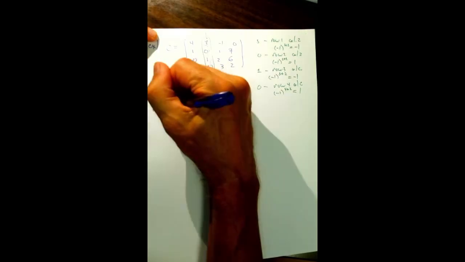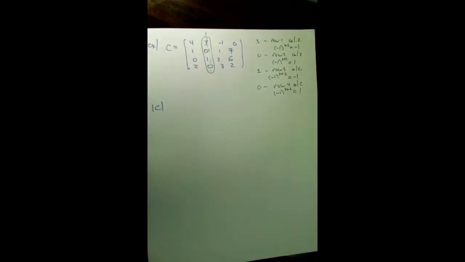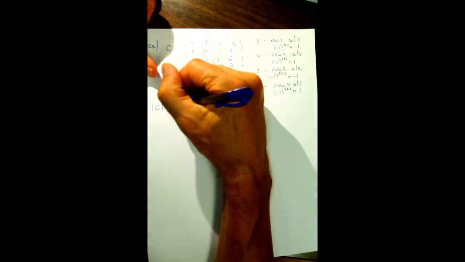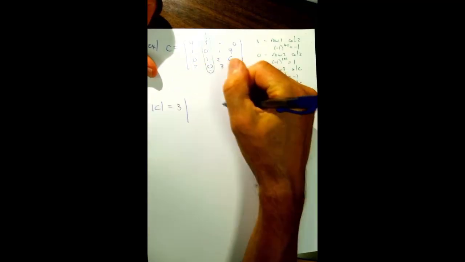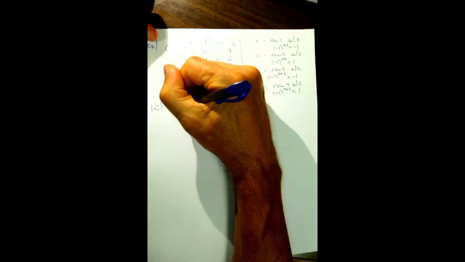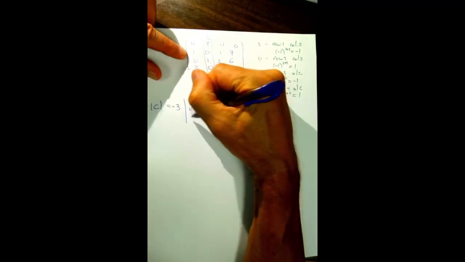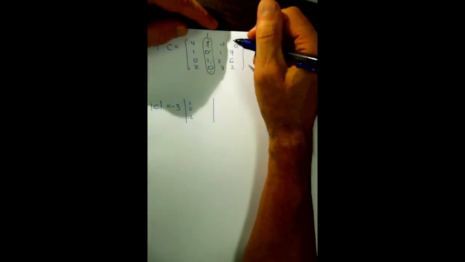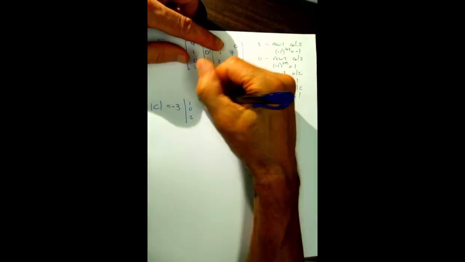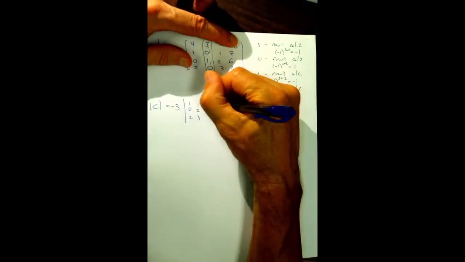All right, so the determinant of C is going to be 3 times the determinant. So I got to be careful, minus 3. If I remove the first row in that column, I'm left with 1, 0, 2, and then 1, 2, 3, and then 7, 6, 2.